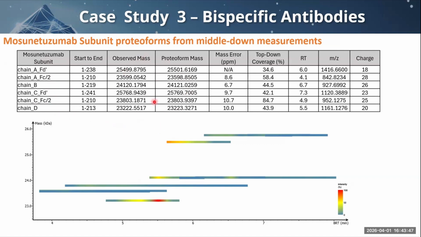We're able to use our top-down data to map to these intact proteoforms, confirming them within 11 parts per million mass accuracy. Our top-down coverage ranges from 34.6 to 84.7. And the heat map here shows you the distribution of the 6 proteoforms, their elution profile, retention time versus mass.